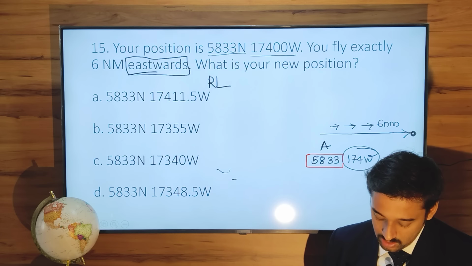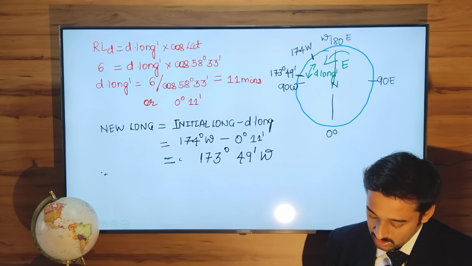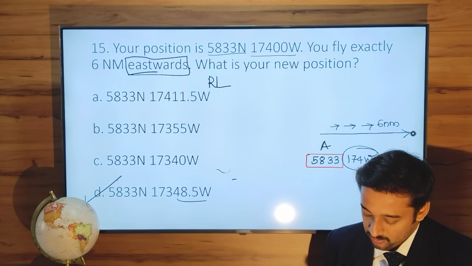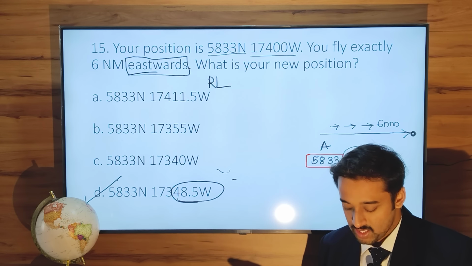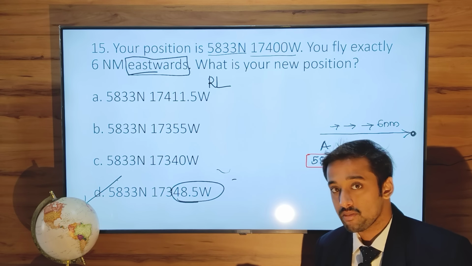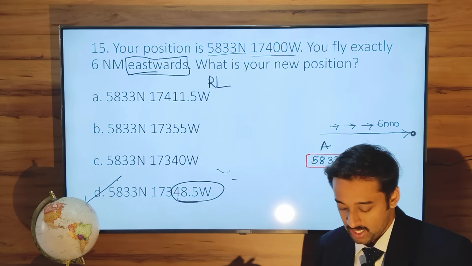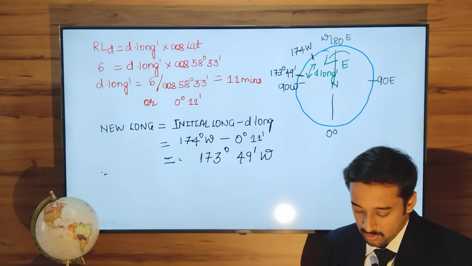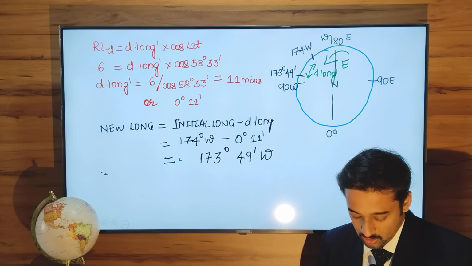So same latitude and 173 degrees 49 minutes. So 48.5 is 173 degrees 48 minutes and 5 seconds. So this will be the closest option. 48 minutes, 49 minutes, very close.